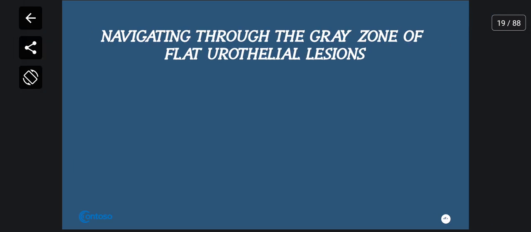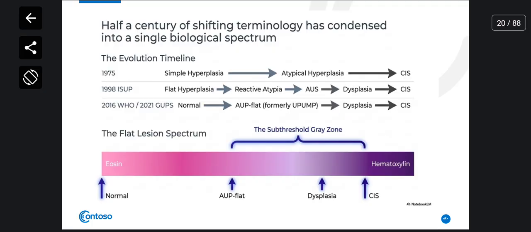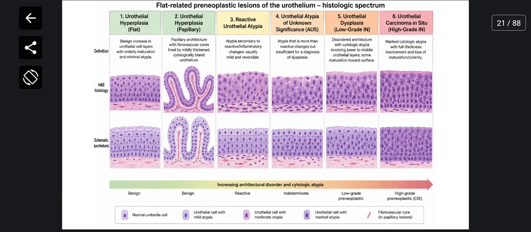To understand these lesions of the urothelium, we have a spectrum of lesions. Previously it was simple hyperplasia, atypical hyperplasia, carcinoma in situ, and now in the 2016 and 2021 WHO, it is normal, atypia of uncertain significance, flat dysplasia and CIS. Okay, so coming to each one of them.